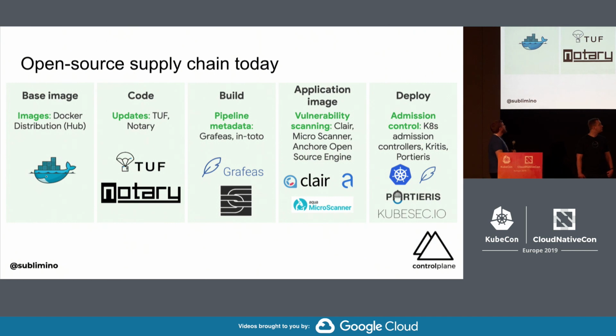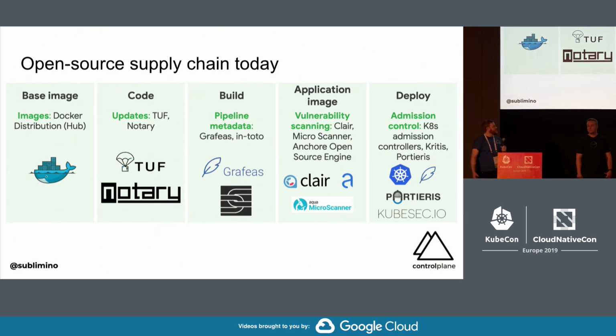So here are various tools we're using at various stages today. Obviously, we're using Docker. Everyone's using Docker. We aren't using all of these, but these are various tools you can use. We've got Harbor, Notary. We will be using Notary. In the build stage, you use Grafeas for storing metadata, and then you've got images where you can scan your images with Clair, Aqua MicroScanner.